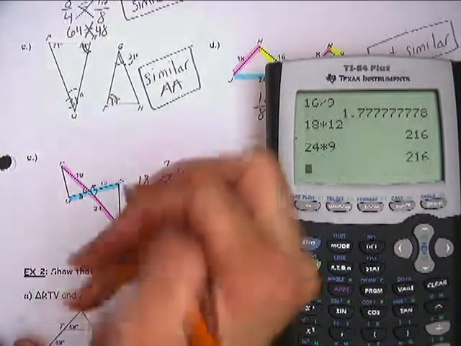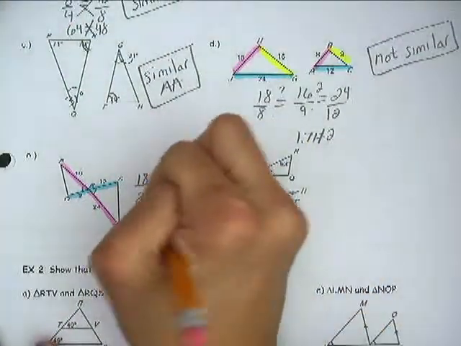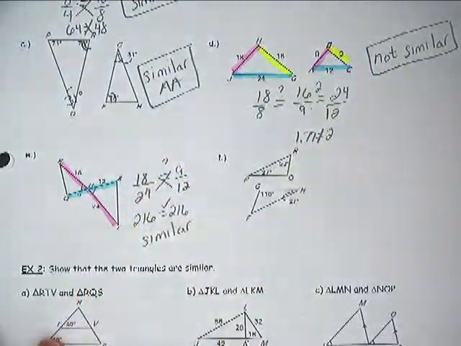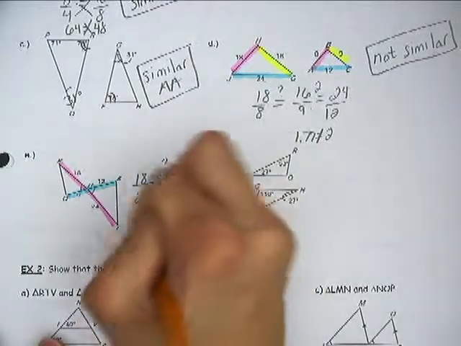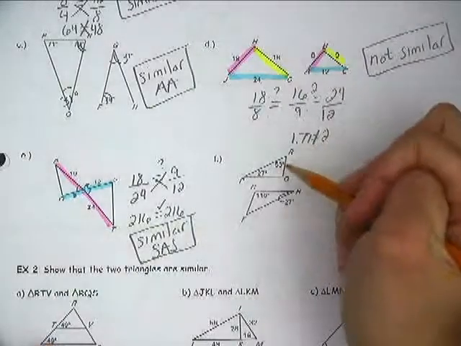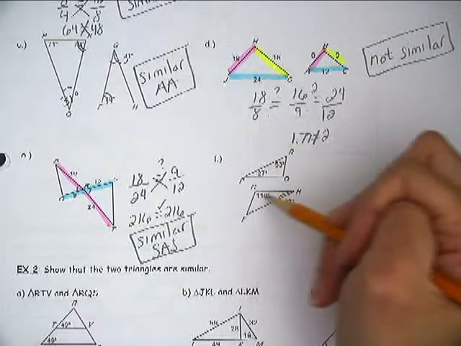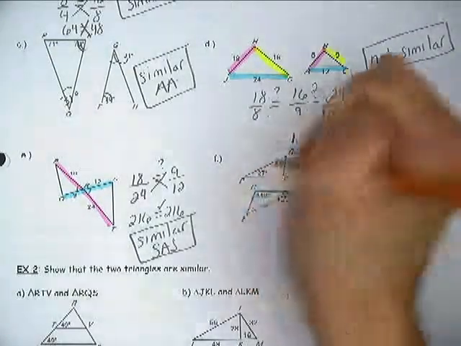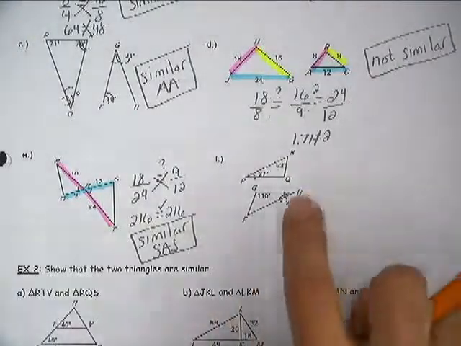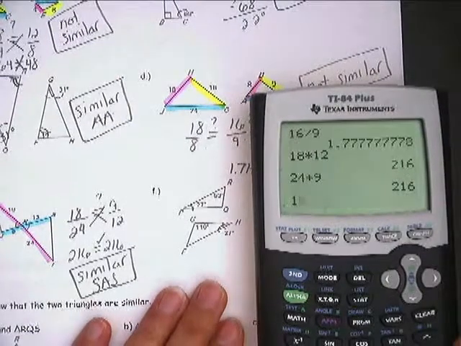So 18 over 24, is that proportional to or equal to 9 over 12? So we cross multiply to check. 18 times 12 is equal to 216, and 24 times 9 is also equal to 216. So yes, they're similar. How do we know? Side angle side.